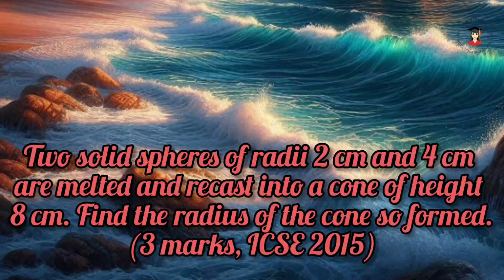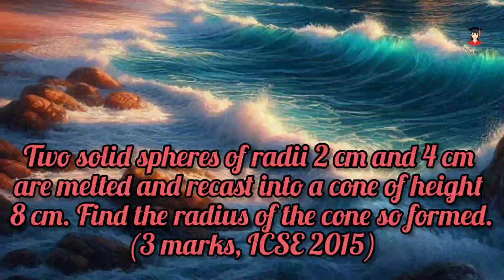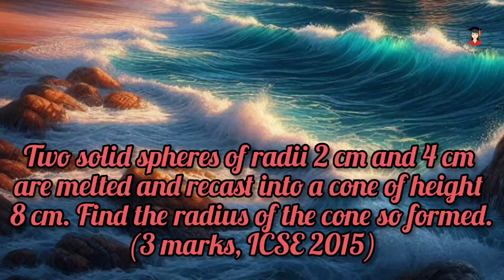The 16th question. Two solid spheres of radii 2 centimeter and 4 centimeter are melted and recast into a cone of height 8 centimeter. Find the radius of the cone so formed.